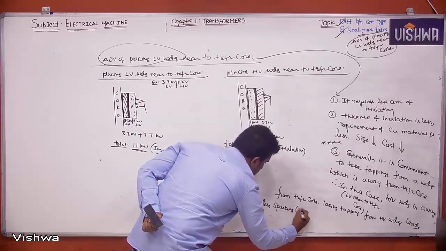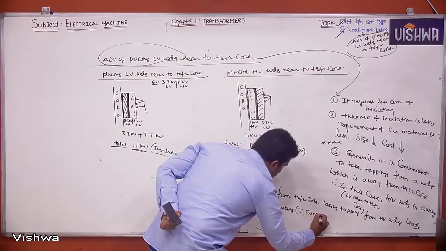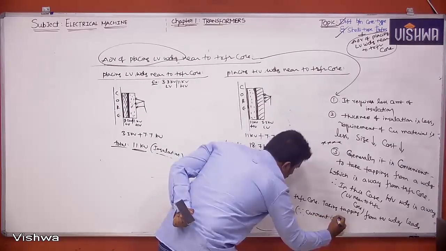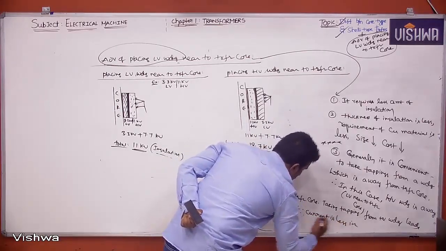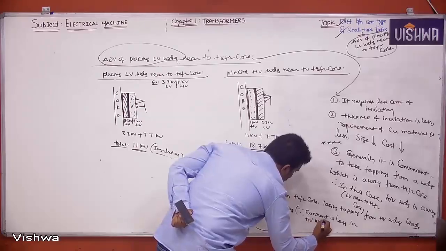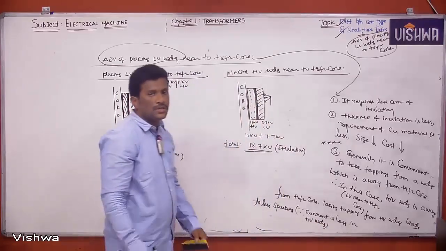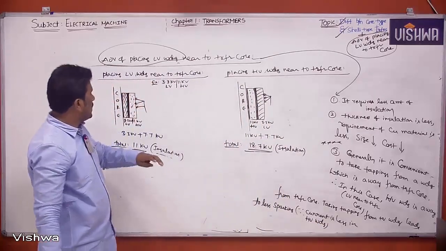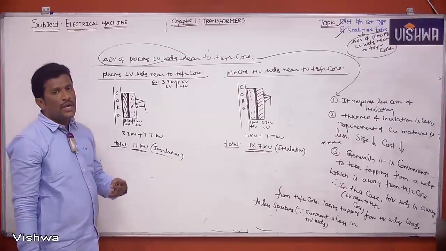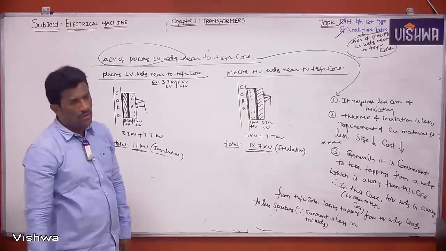What is the reason? Since current is less in the high voltage winding. Simple reason. Always it is convenient to take tappings from a winding which is away from the transformer core.